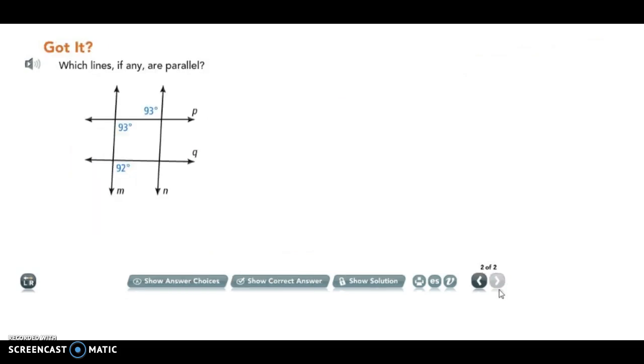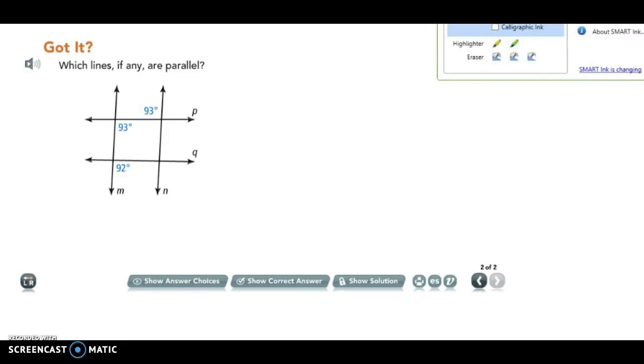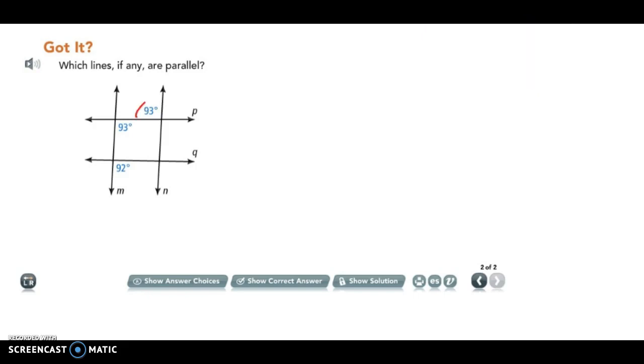Now it wants to know if any lines are parallel, which ones are going to be parallel. Take a good look at it, then we'll talk. Okay, the very first thing that I noticed was that 93 and 93 are congruent. So I want to take a look and see what they look like.